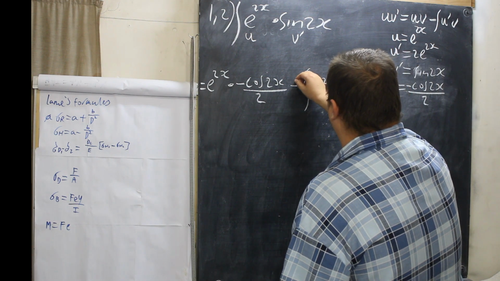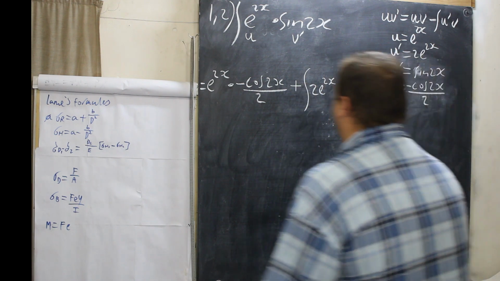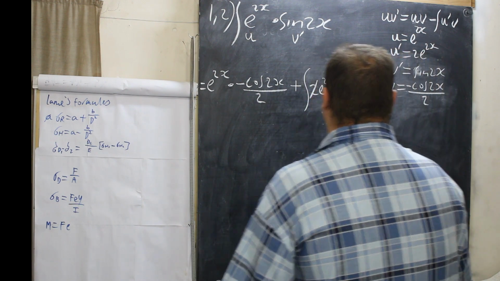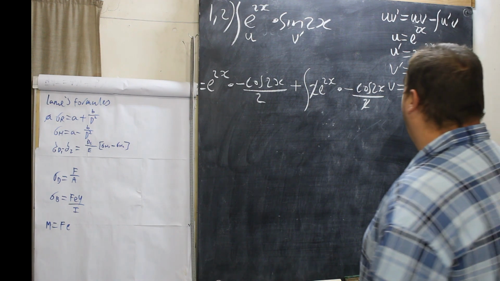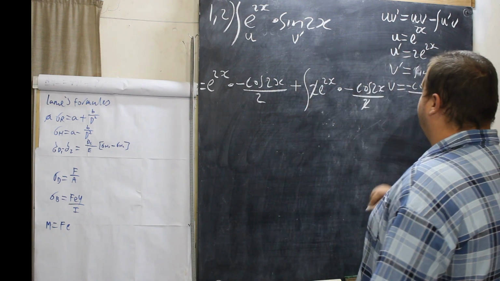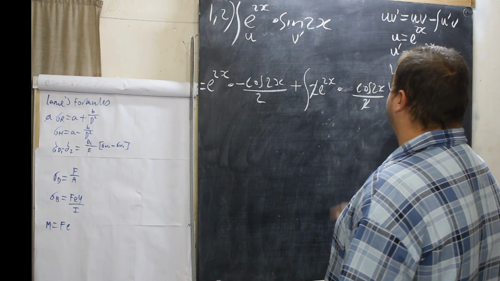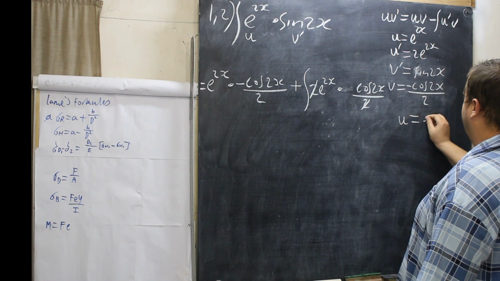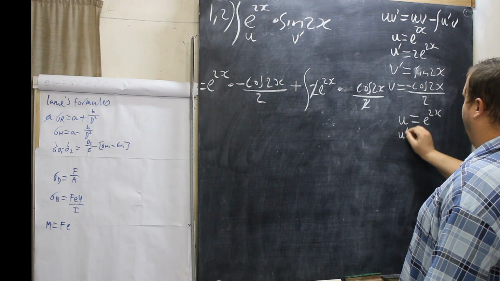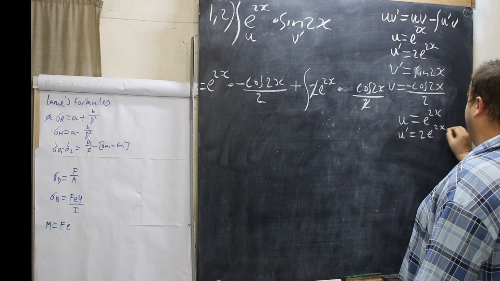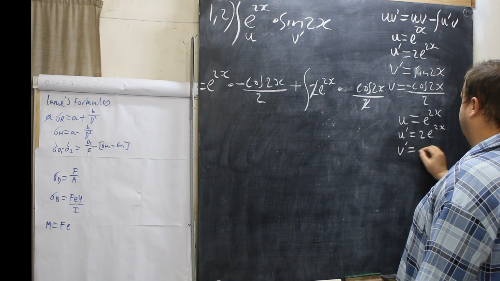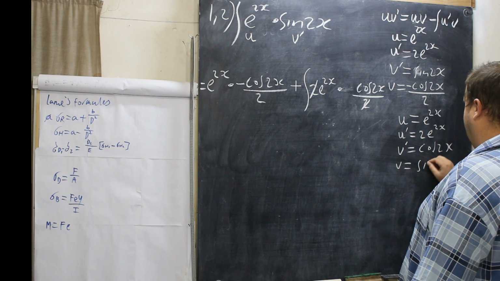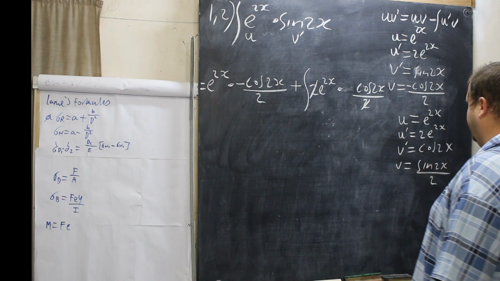So now we integrate this again. Now we are left with u is equal to e to the 2x, u prime is equal to 2e to the 2x, v prime is equal to cos 2x, and v is equal to sine 2x over 2.